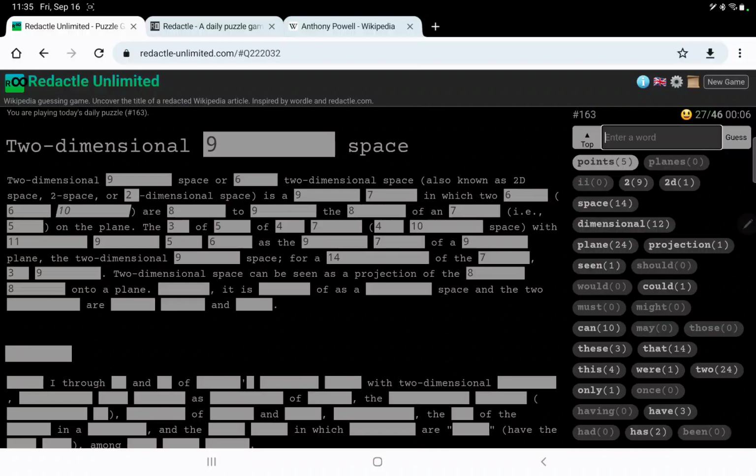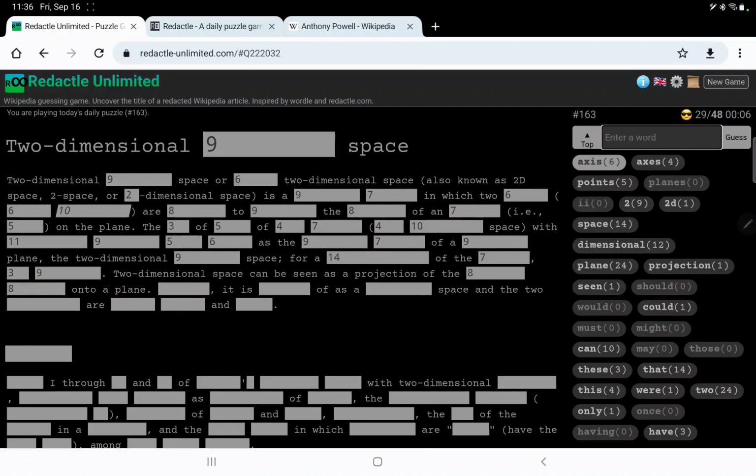2 something. Are we going to have axes? Yeah, how about axis singular? We may have X and Y. Yeah. Let's see. It is thought of.